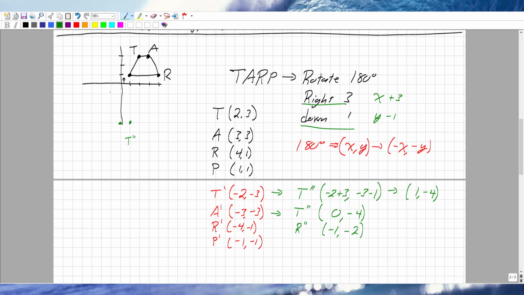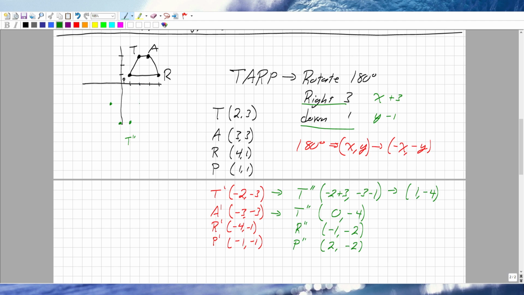So I go negative 1, negative 2. And for P double prime, negative 1 plus 3 would be positive 2, and negative 1 minus 1 would be negative 2. So I go to 2, comma, negative 2.